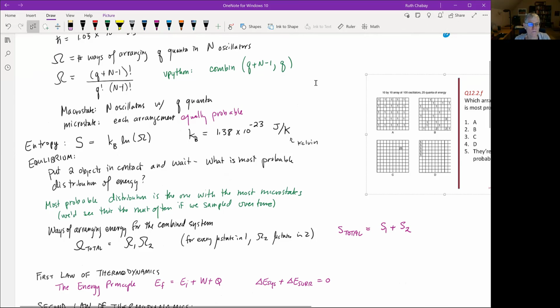And that entropy is the Boltzmann constant k sub B times the log of the number of ways of arranging energy.